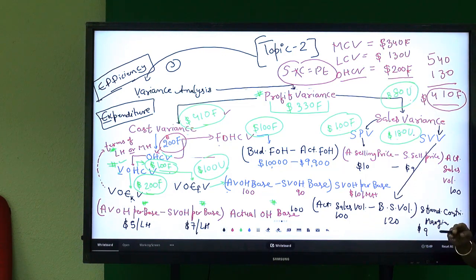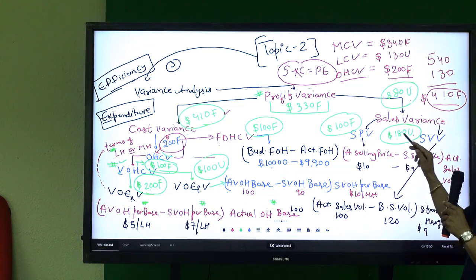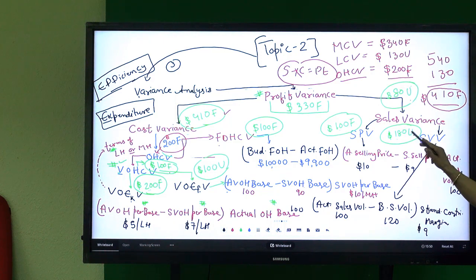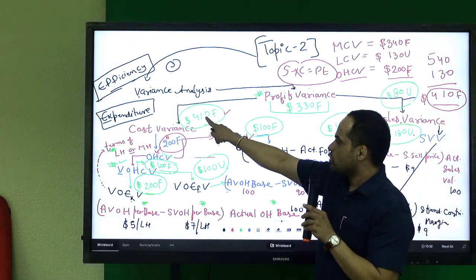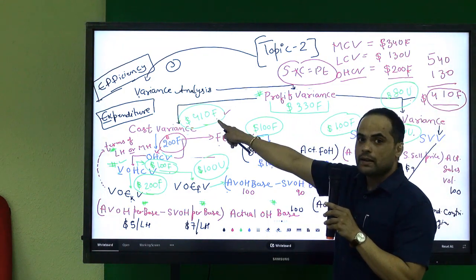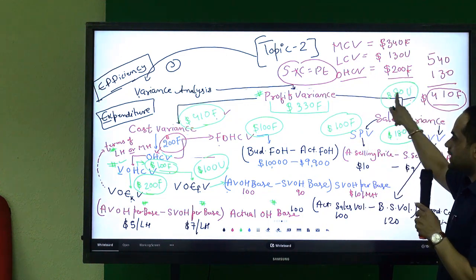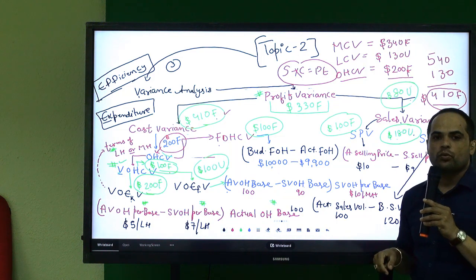So of course I'm selling 20 fewer, multiplied by 9 is 180 U. So now my sales price variance is 100 F, my sales volume variance is 180 U, so my sales variance is 80 U. And my cost variance is 410 F. So this is F and this is U. So 410 minus 80 is 330 F, which is my profit variance.